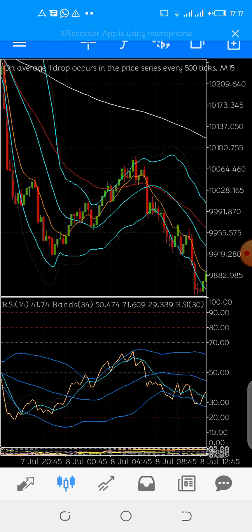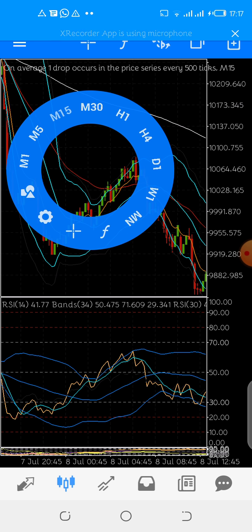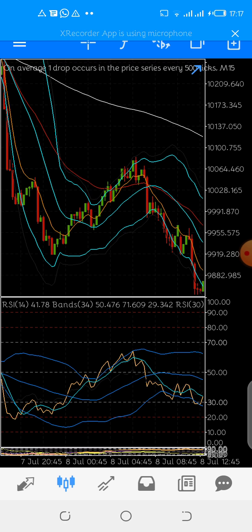Okay, I'll just pick another arrow. Now, let's look at the golden line. That's our golden line. Anytime the golden line goes out of the upper band, here we are looking for sell positions.